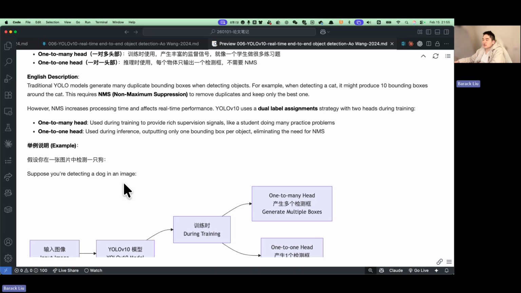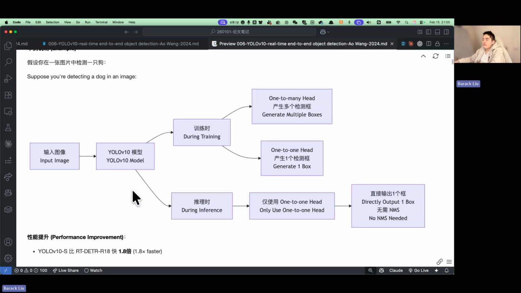Supposing you are detecting a dog in an image. The workflow is: input an image into the YOLOv10 model. During training, for the one-to-many head, you will generate multiple boxes.